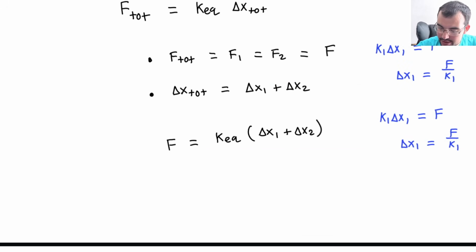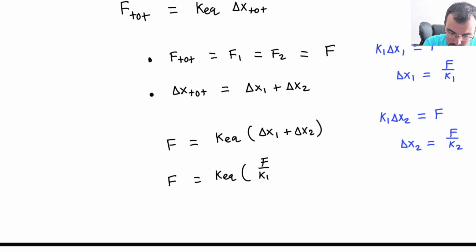Why we like this is because it gives us everything in terms of F. So everybody would have brought F to the party, so we can cancel it and have something in terms of only K's. So we can now write this as F equals K_EQ times F over K1 plus F over K2.